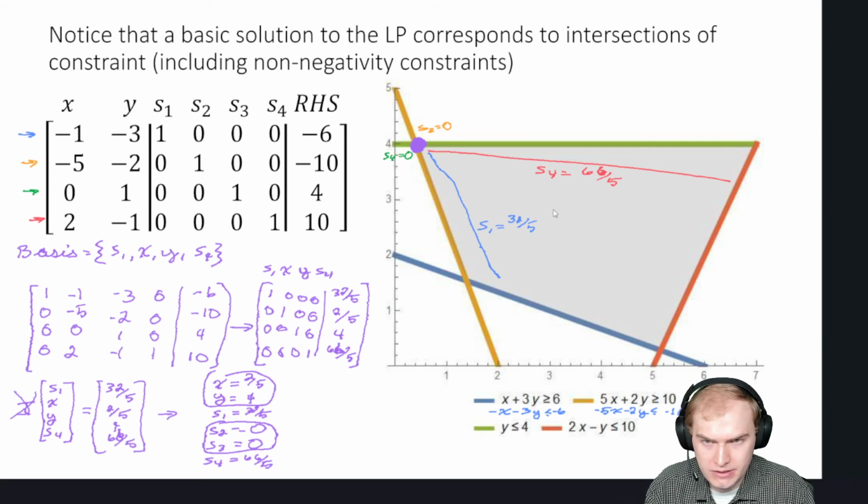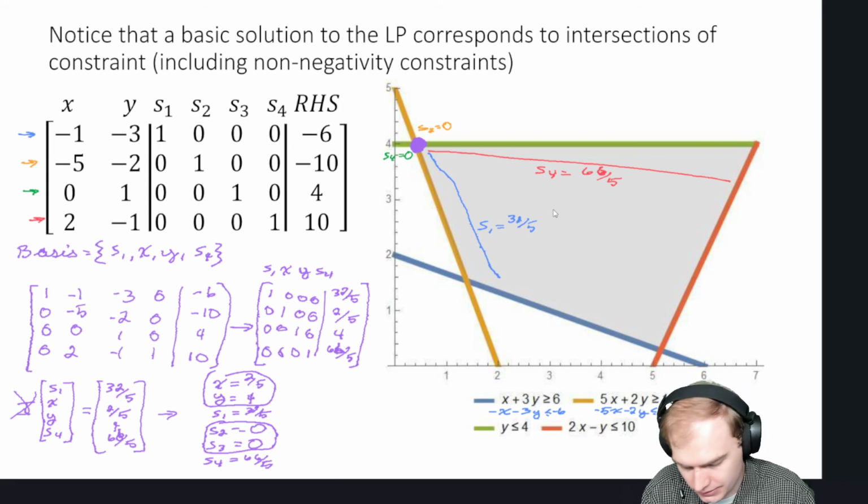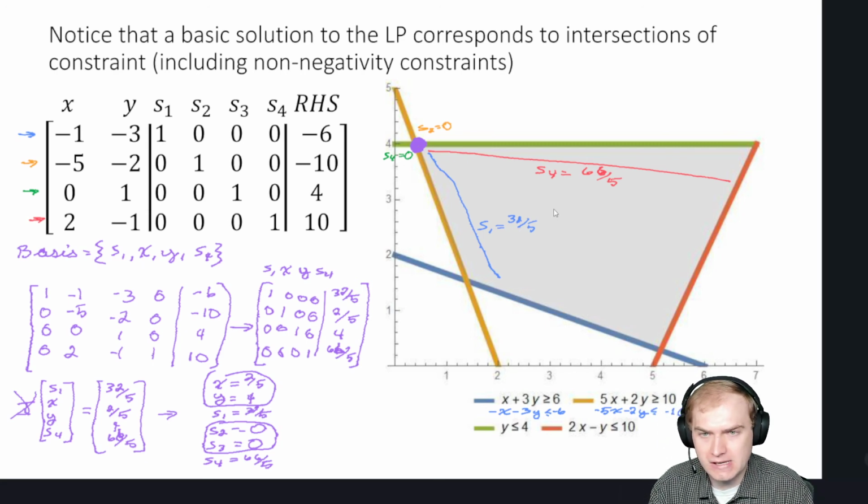So remember I said that extreme points are the intersection between n hyperplanes, if you have n decision variables. So that's what we have here. It's the intersection of 2 planes, 2 of our hyperplanes.